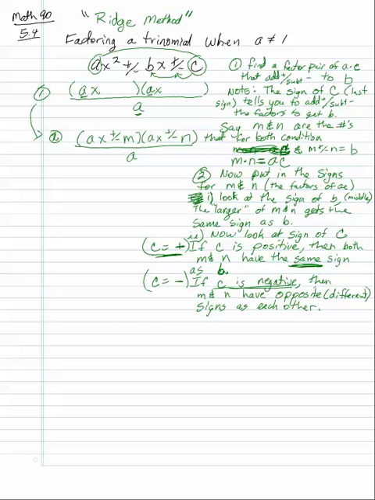So once you find m and n, you put them in. And then step 2, you put in the signs. And then the final step, you reduce that fraction.